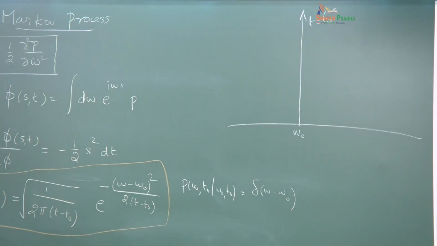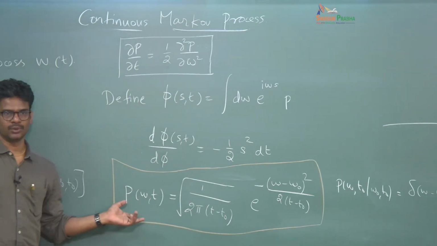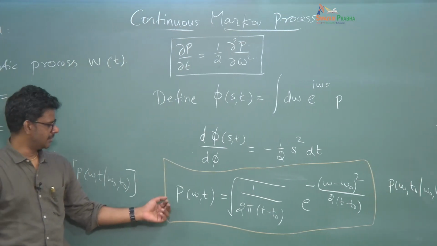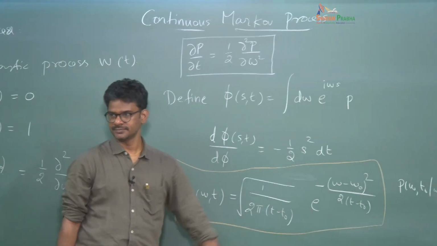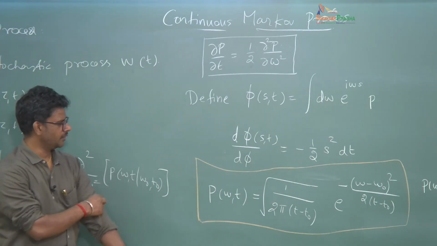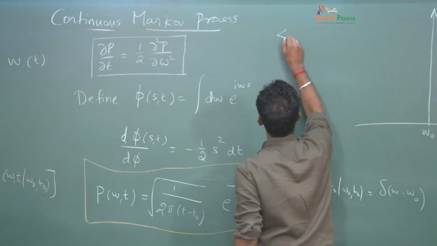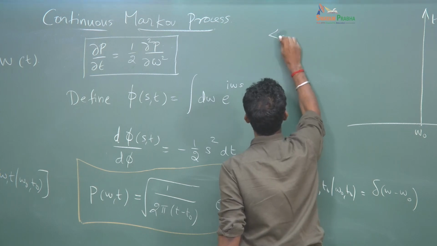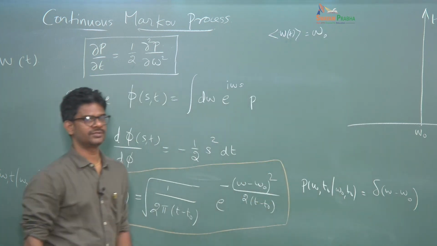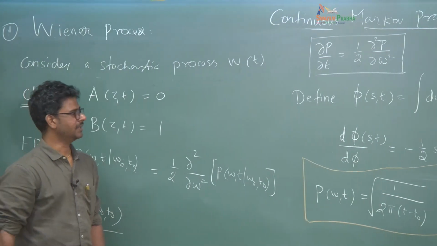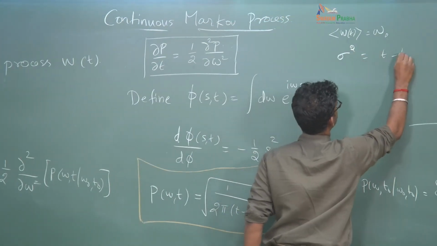For this initial condition, when you solve these equations, you will show that the probability distribution function becomes a Gaussian, and you can see that the mean of w is the initial position w naught, okay, and then the variance is nothing but t minus t naught.